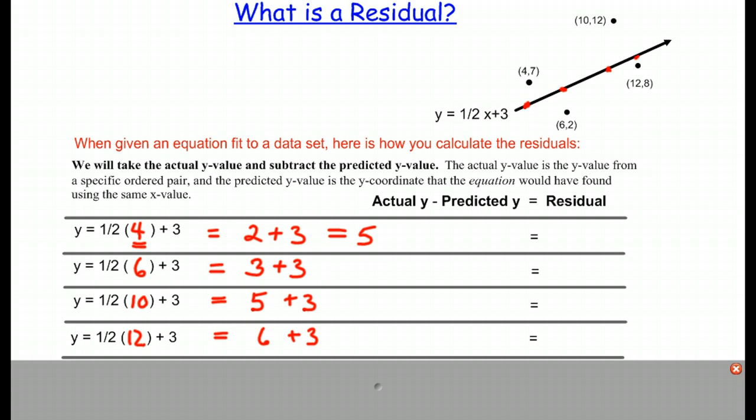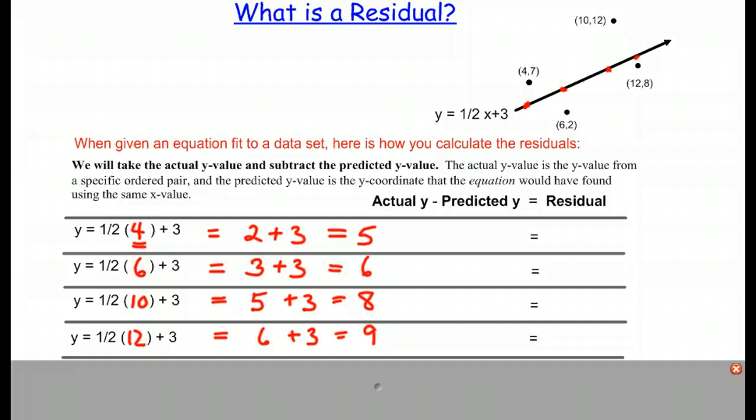So I need to know the height of the point on the line that's either directly above or directly below the actual data points. So I plug in each one of these, and in each case I plug in the x, and then I get the corresponding y values. These y values that I just calculated here, the 5, 6, 8, and 9, are what I call a predicted y value. They're the y values that my line would have predicted.